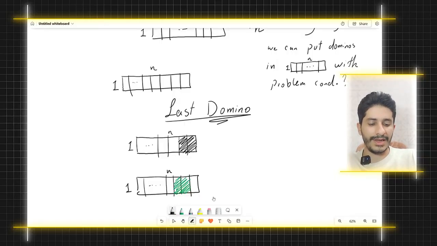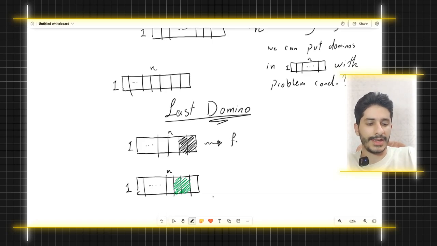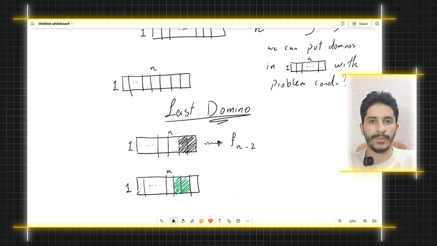And let's see in how many ways we can put dominoes such that the last domino is here. In other words, how many ways does the first case have? Yes, it has f of n minus 2. Why?